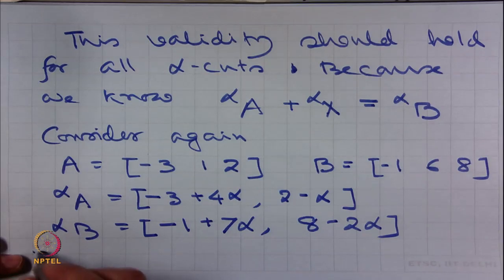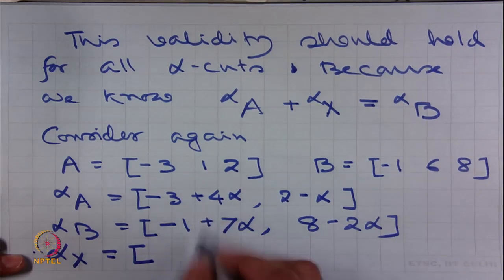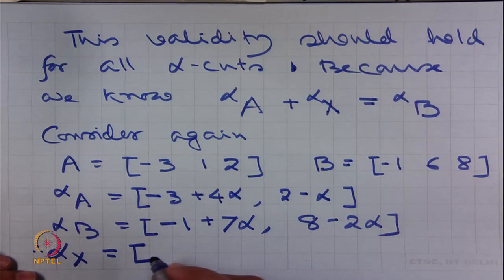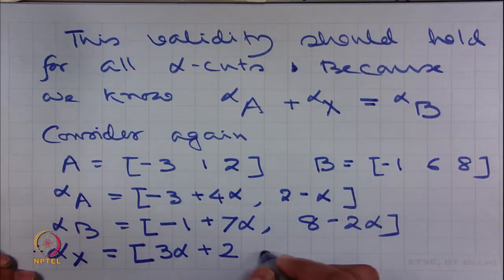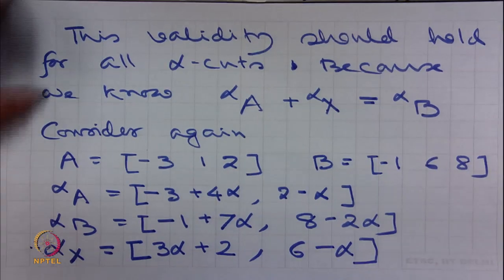Therefore, alpha cut of x, we get by subtracting alpha cut of A from alpha cut of B, and this is going to be 3 alpha plus 2 comma 6 minus alpha.